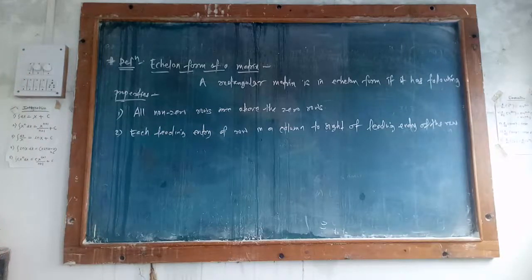Okay, and your last property is all entries in the column below the leading entry are zero.